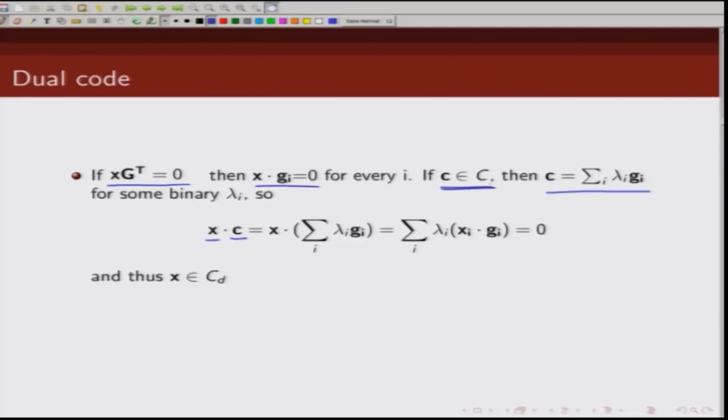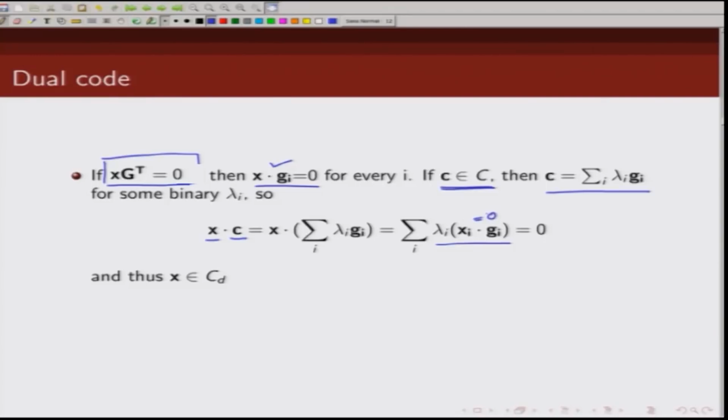So, what is X dot C? X dot C can be written as X dot summation lambda i Gi. This I can write as summation over i lambda i, X dot Gi. And what do I know from this condition, that XG transpose is 0? I know from this condition that the inner product of X with Gi is 0. So, that means this term is equal to 0.